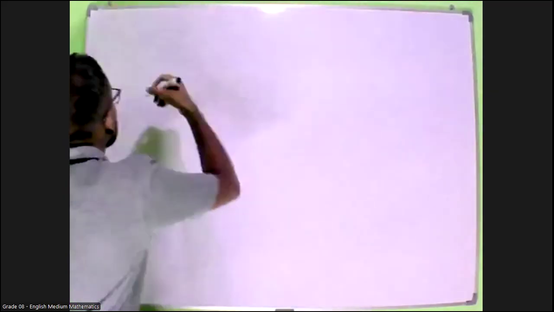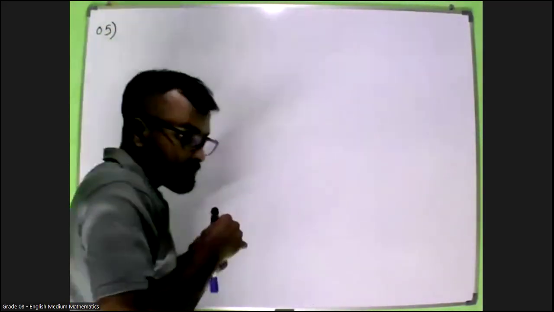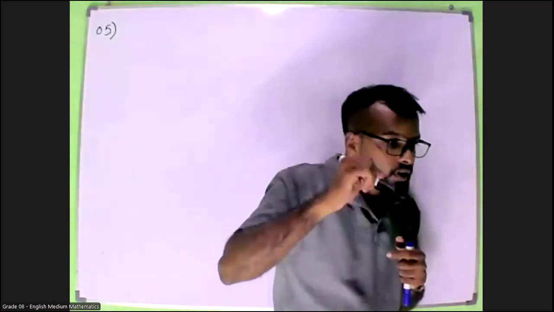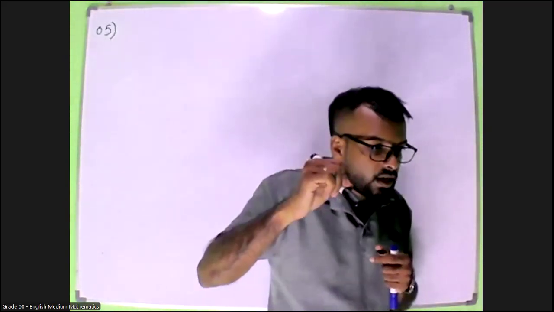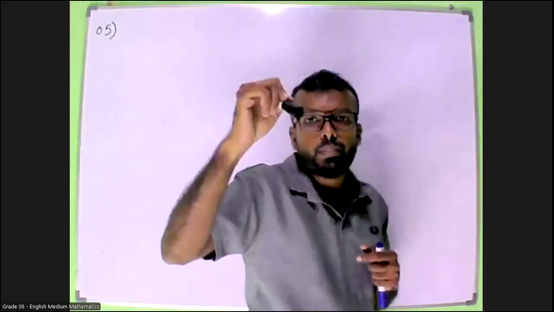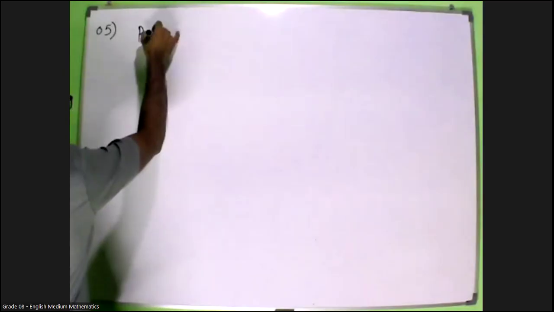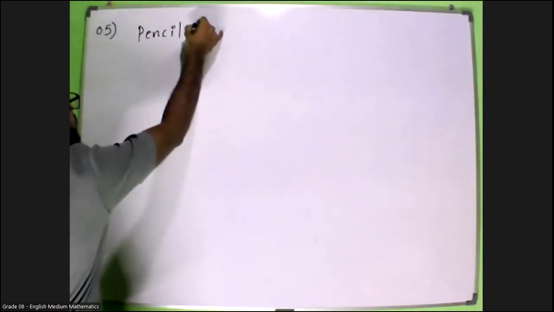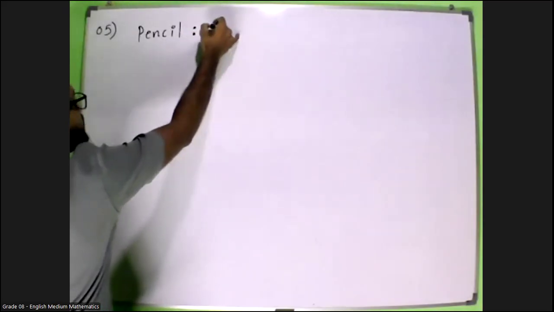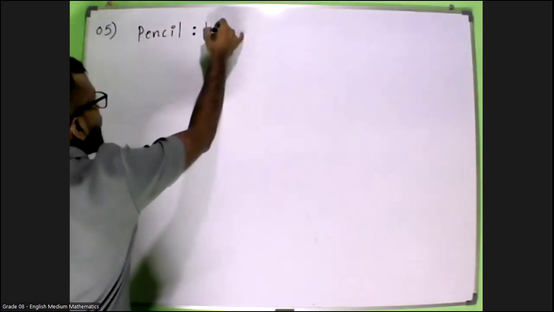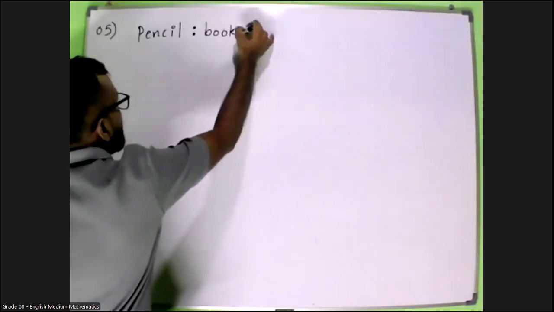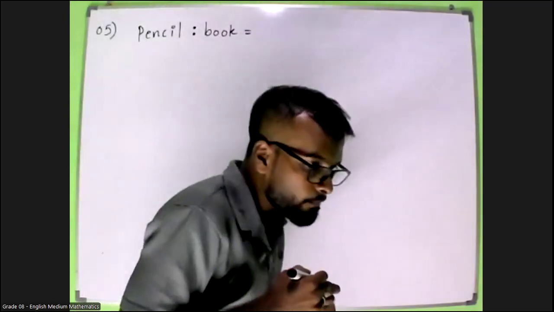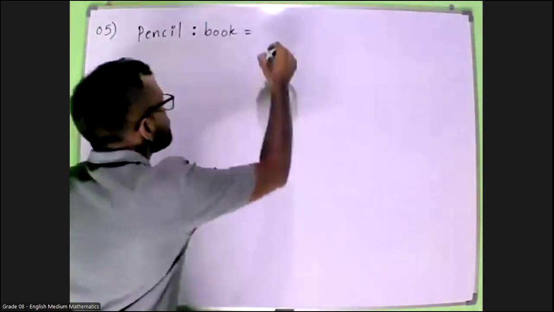5th question. The ratio of the price of a pencil to that of a book. Pencil to book. This is how we are going to write down a ratio: pencil to book equals 3 to 4.